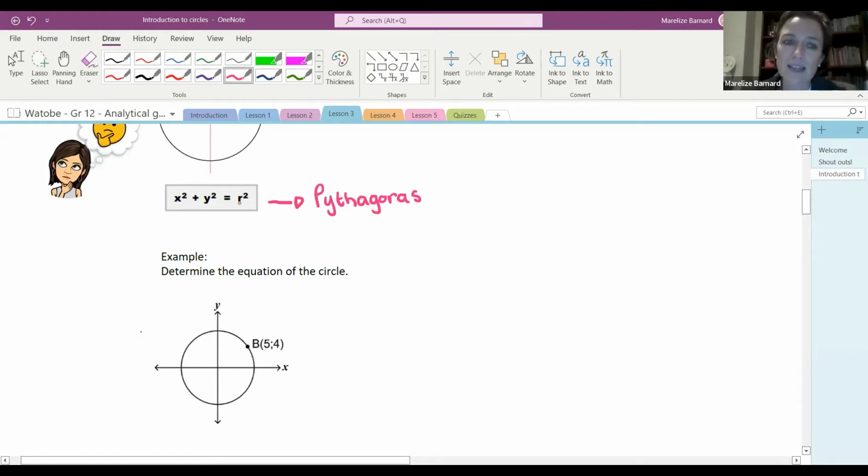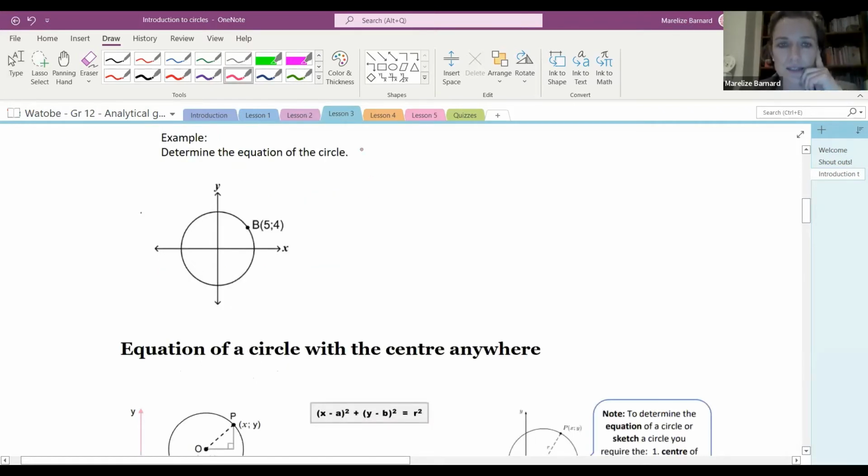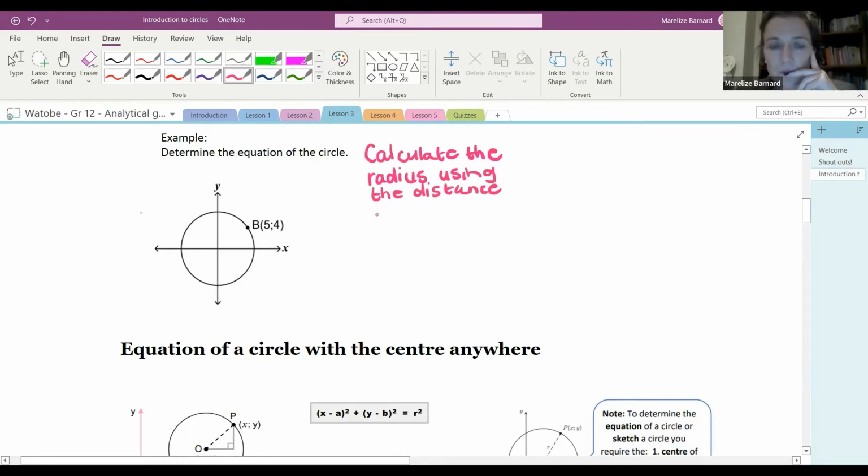But to find the radius, we need to calculate it using the distance formula, or if the center is at the origin, we can just go straight to x squared plus y squared is equal to r squared, using the point that we've got.